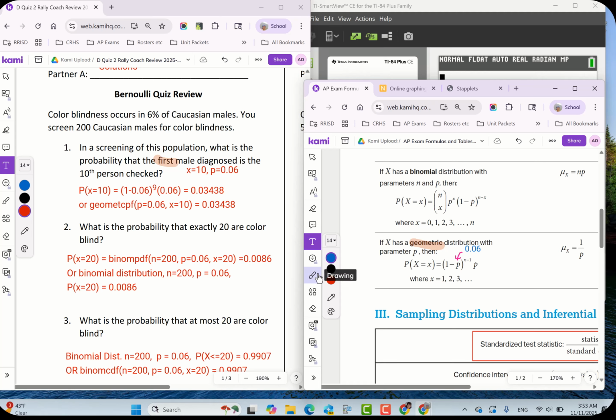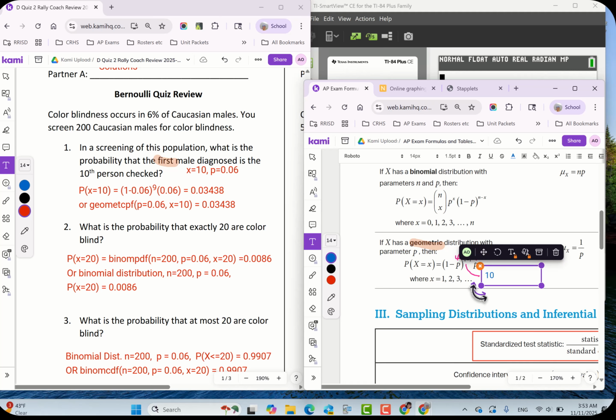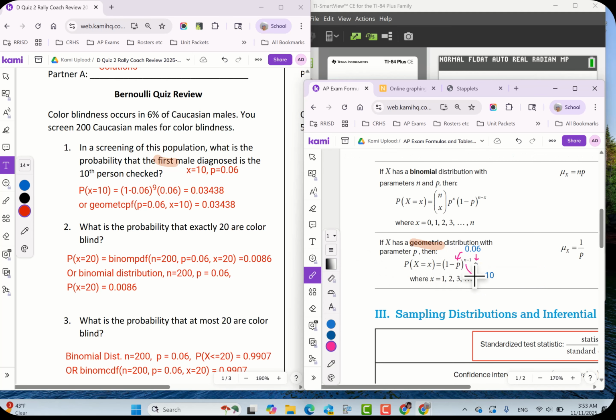And actually that P goes there too, right? And then the X in this case is 10. So you see that 10, that's your 10. And then your X, you put your 10 in there too, in that little thing here. So you should write it both here and here.